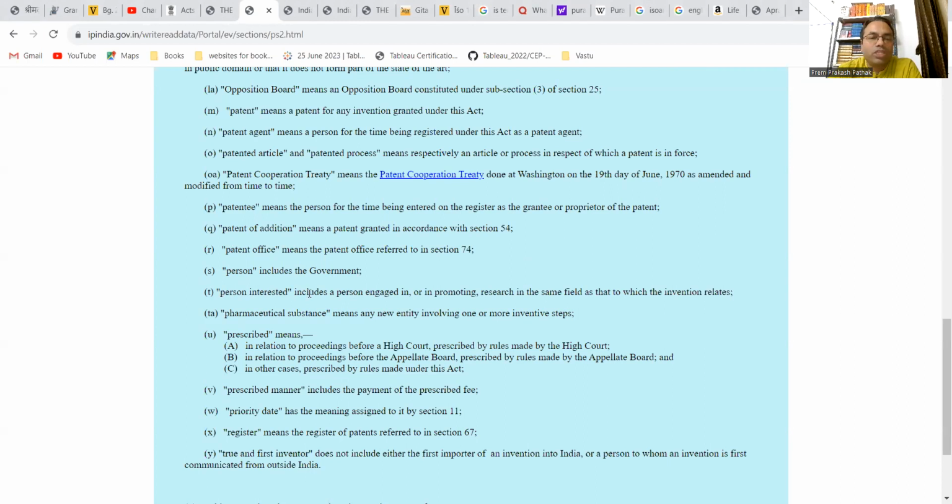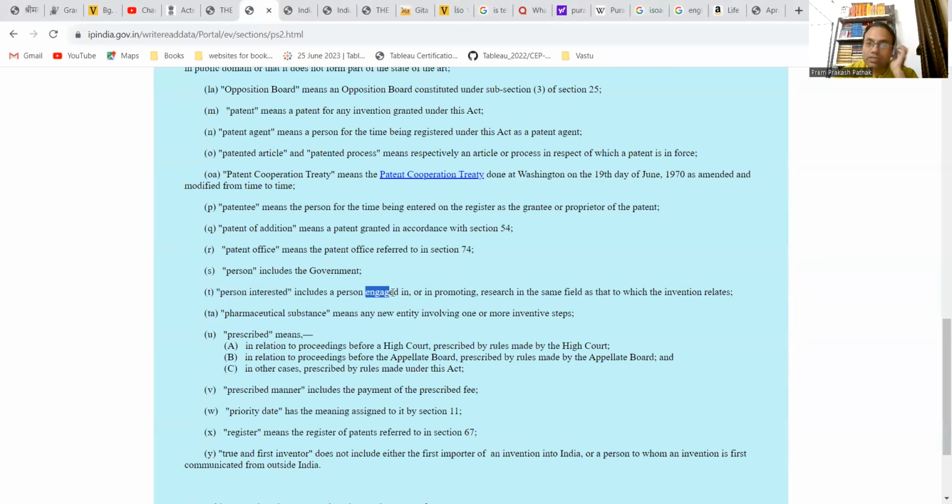Person interested includes a person engaged in or promoting research in the same field as that to which the invention relates. So this person is of two types.